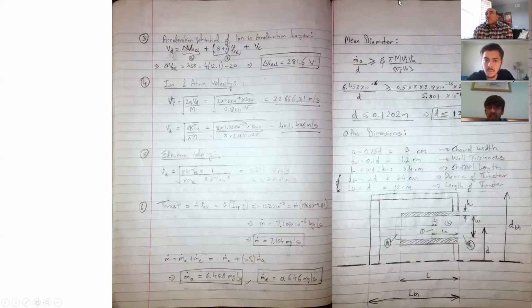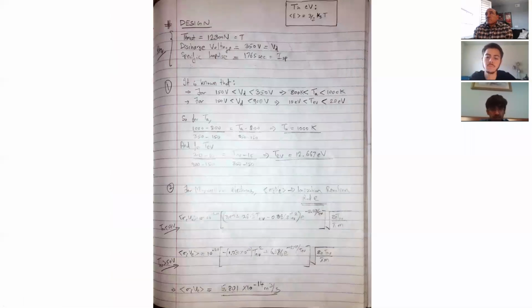So how do we get the diameter? There is again an empirical relation. It's a relationship between the mean diameter, the mass flow rate coming out through the anode, the mass of the xenon atom, the ion and atom velocities of xenon, and the sigma IVE, which, as I mentioned in the previous slide, is the ion reaction rate.